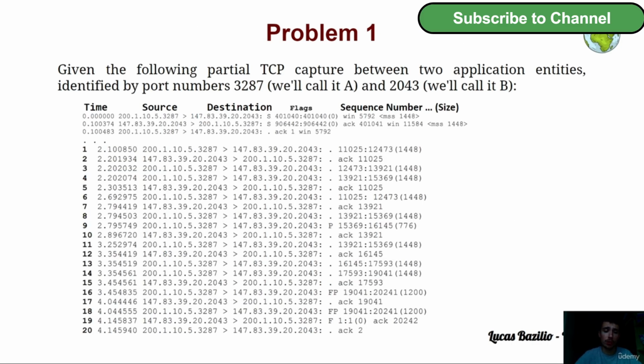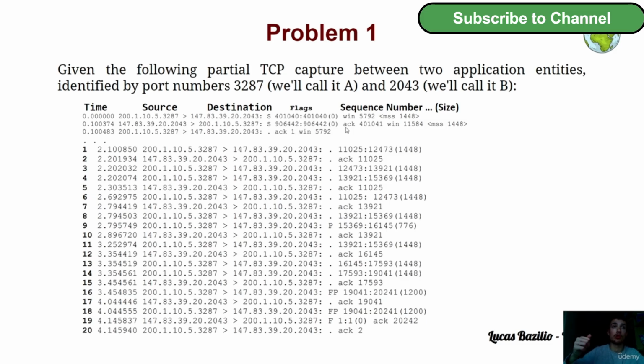Then what do we have in response from the application B? Well, we can see that now in the second line, this is a packet that is sent from the application B. It is the TCP segment that is sent from the application B. We know that because the source is now the port 2043, which is the port of the application B, to the destination A, which is this port. And what are the flags? Well, the flags are the synchronization and the acknowledge.